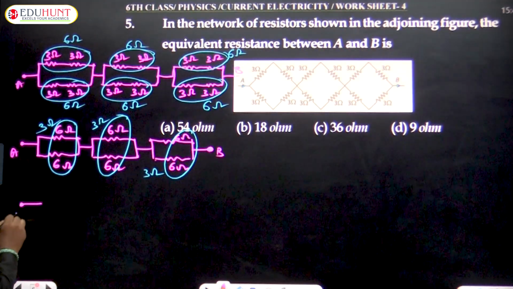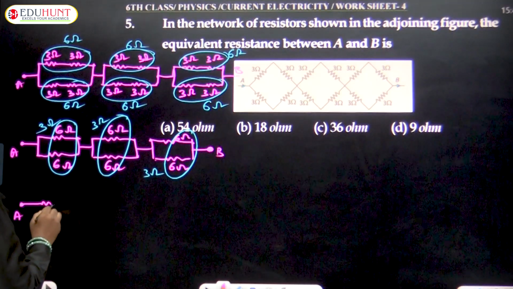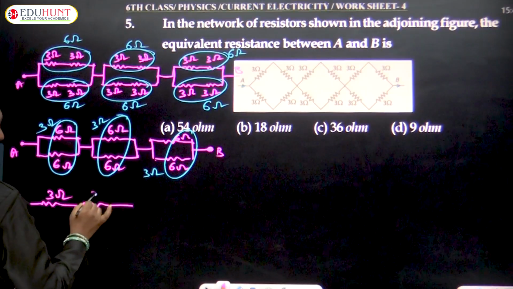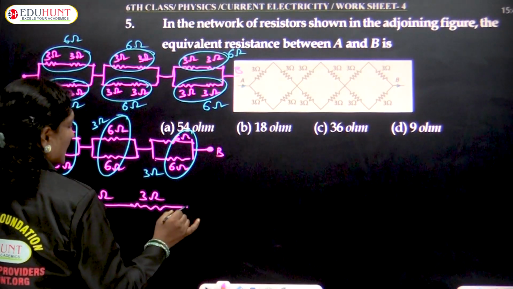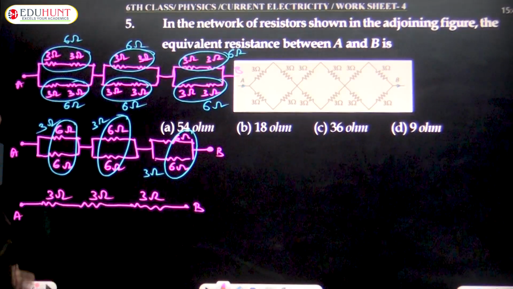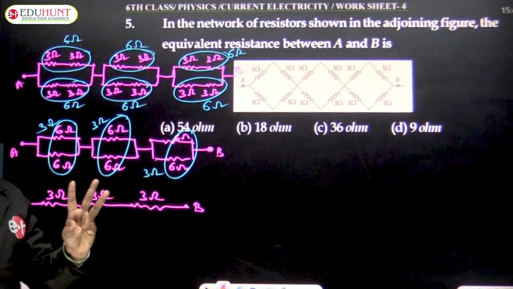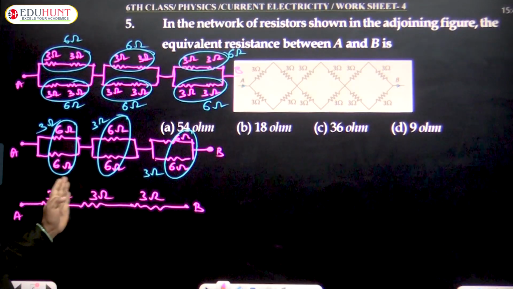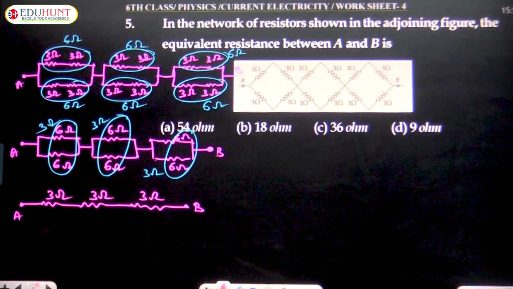So, the final part of the picture is something like this. The resultant of this is 3 ohm. The resultant of the mid part is again 3 ohm, and the resultant of the third part is again 3 ohm. So in this picture, it is very clear that three resistors of 3 ohm each are connected in series.